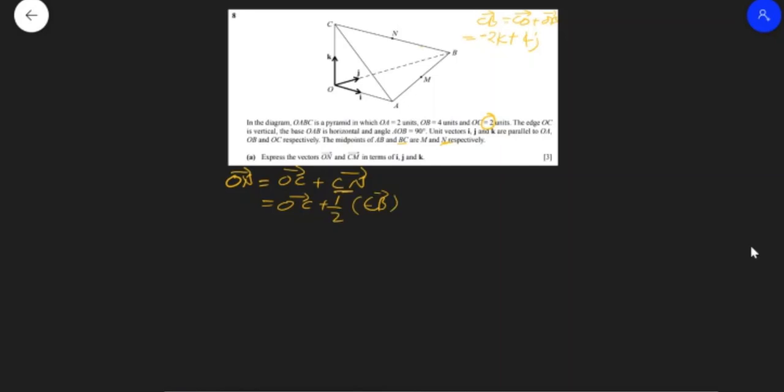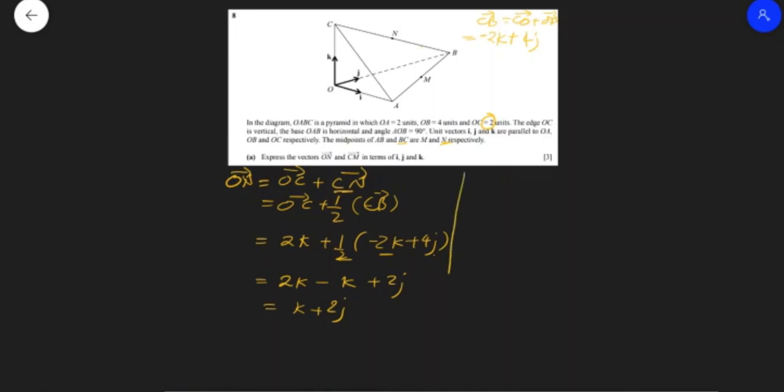Alright, OC is 2K, we know this, 2K. Then CN is half of CB, which is minus 2K plus 4J. And let's simplify everything and we'll get our answer. 2K plus half of minus 2K will be minus K. Half of 4J will be plus 2J. So answer comes out to be K plus 2J.